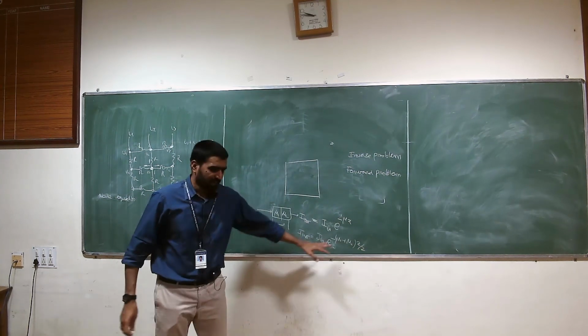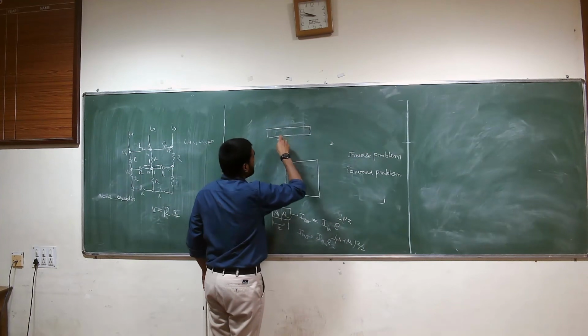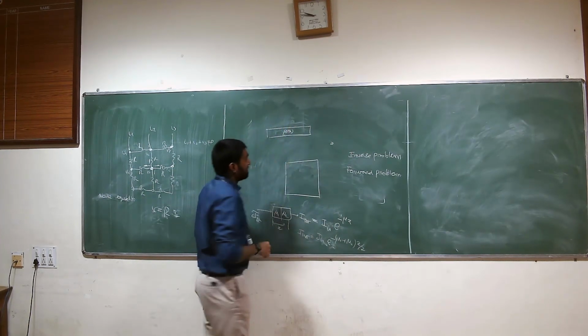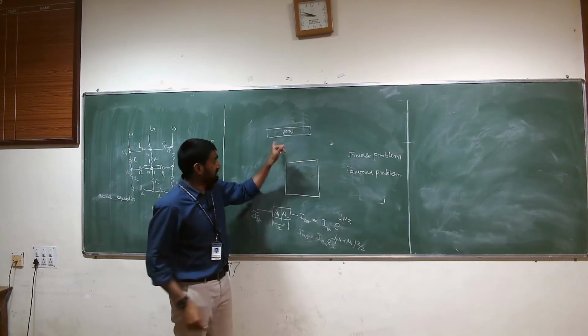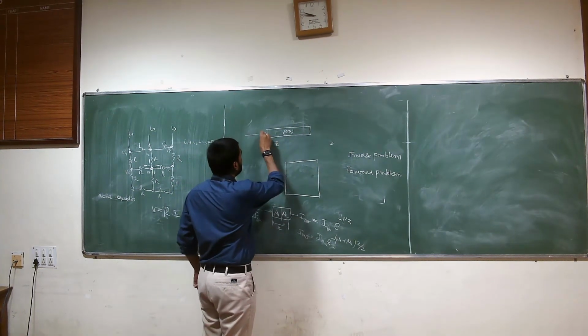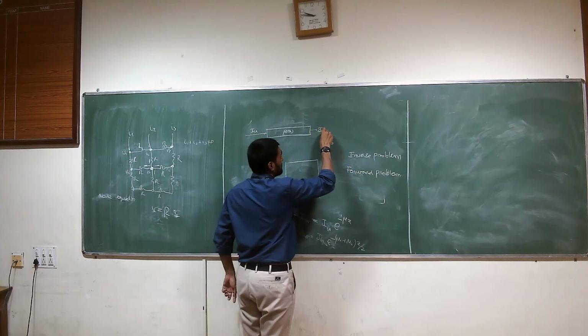Okay, so that's clear. What if this body had a continuously varying attenuation coefficient as a function of X? This is X, and then you shoot a ray I in inside. What would be I out?